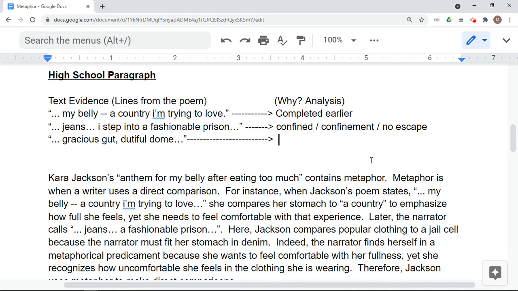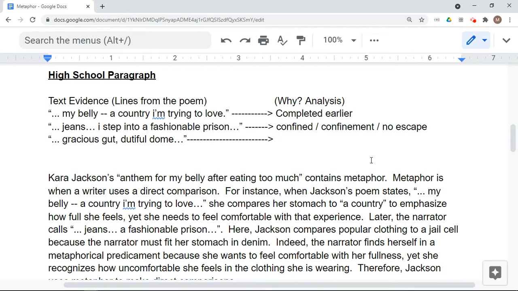It is my duty to honor you. I am a gracious gut. I must praise you. And again, this idea of anthem, an anthem is a song to praise. So we've got our national anthem, oh, say, can you see? So in this case, we've got, again, this duty, this graciousness.